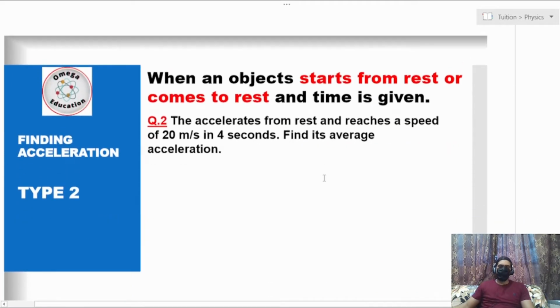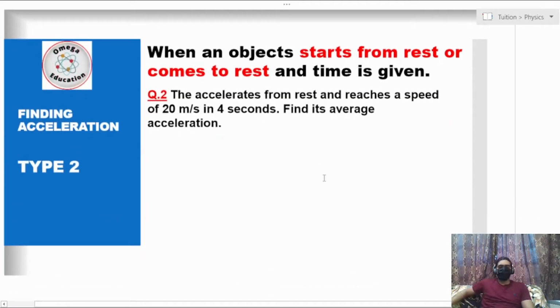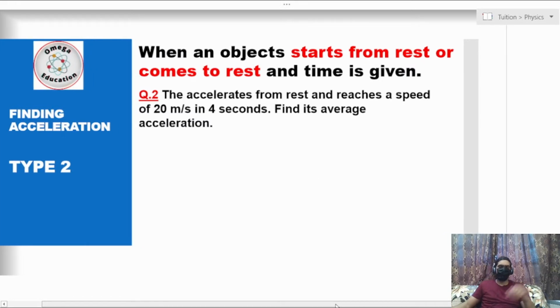Now, sometimes it appears that only one velocity is given in the statement, and obviously time is given, and the other velocity is not given. But as a matter of fact, both the velocities are given in the statement. One is given mathematically, in terms of a number, and the other one is given descriptively.